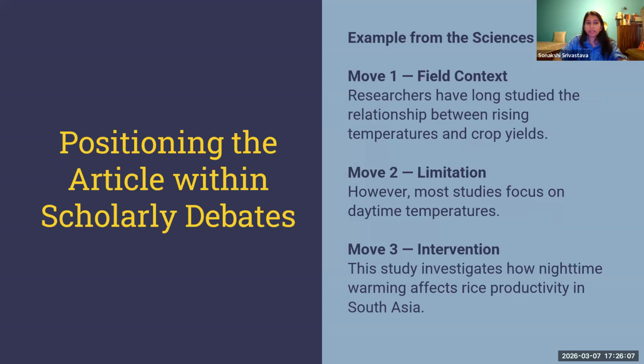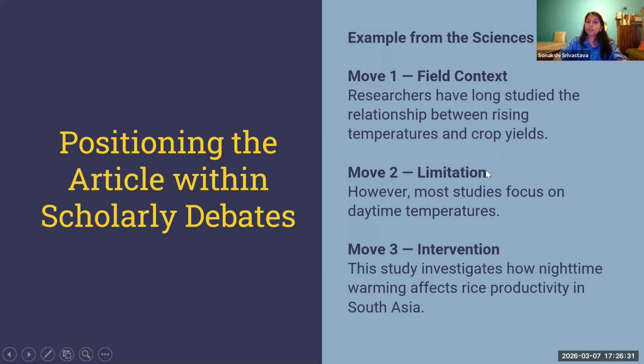Now, this is an example of how you can actually go about it. This is an example from the sciences. Your move one is field context, in the sense that you set the context for your paper. You contextualize: Researchers have long studied the relationship between rising temperatures and crop yields.